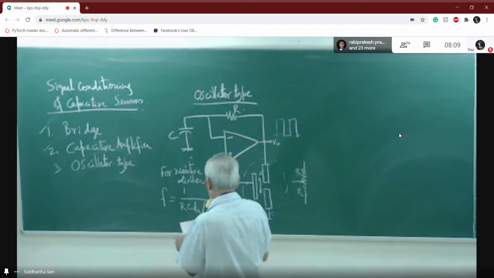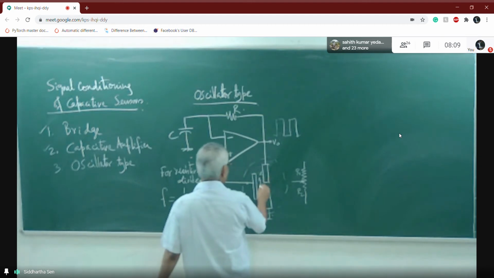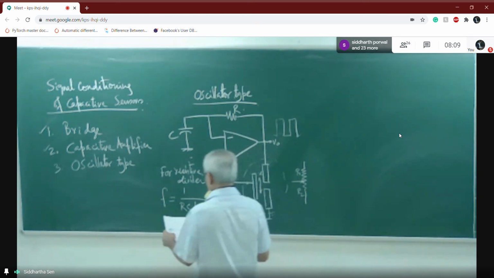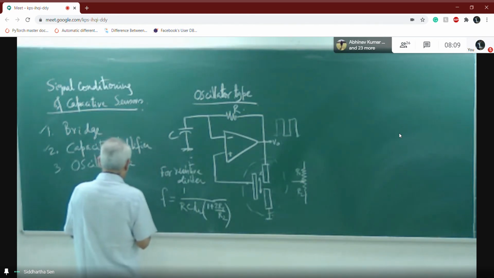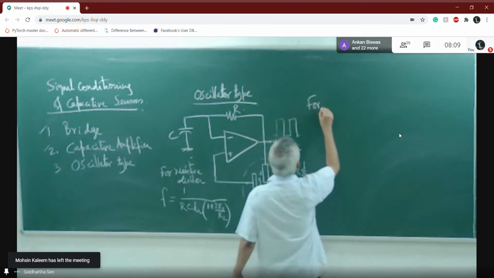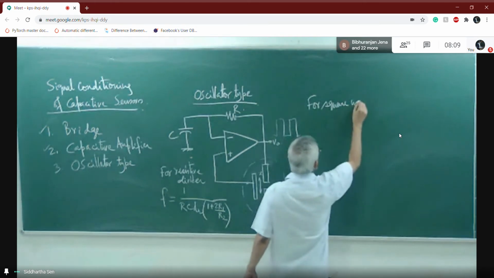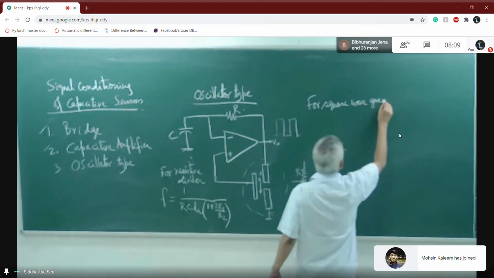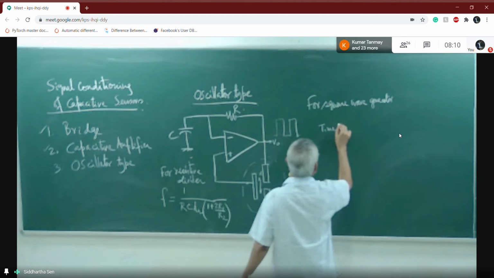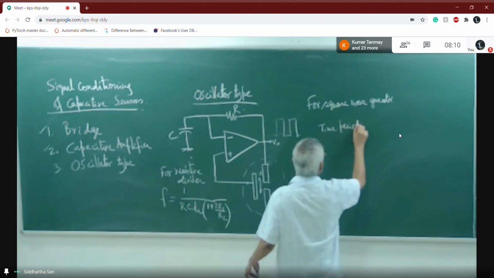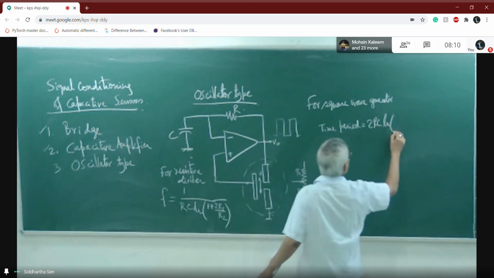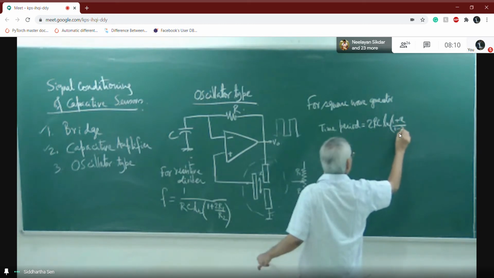If this capacitance varies in terms of the displacement x, we can deduce for the square wave generator that, instead of frequency, the time period is equal to 2RC into log natural (1 plus x divided by 1 minus x).